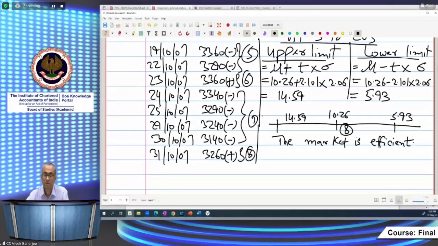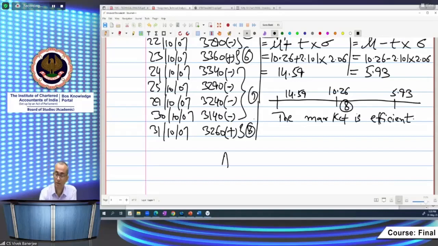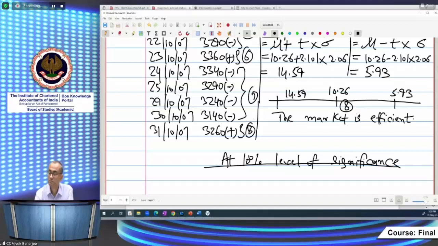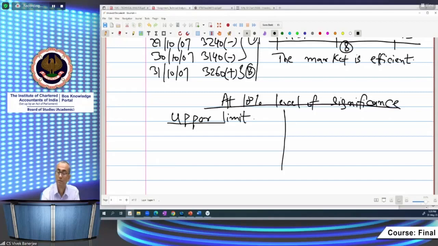Now there is another task remaining: we will test it at 10% level of significance, with the upper limit and lower limit.